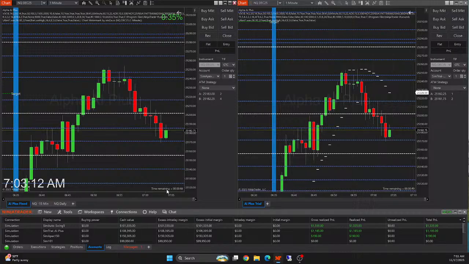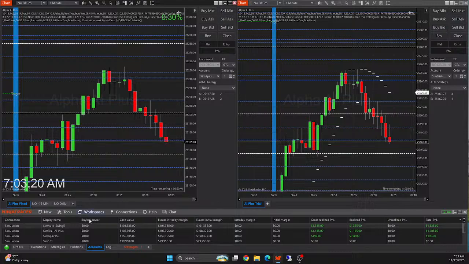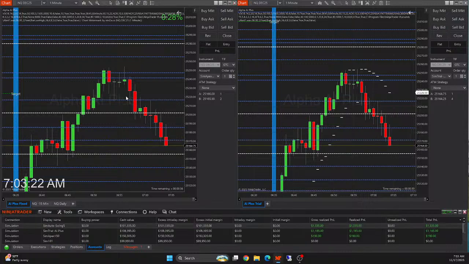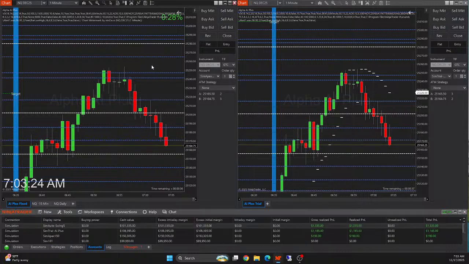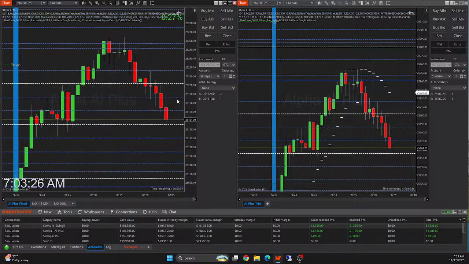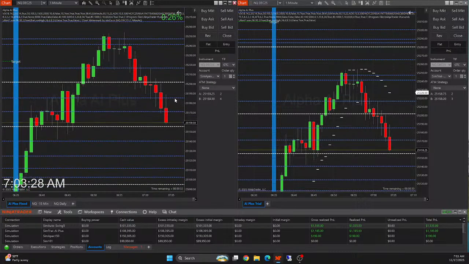There you go. Move up or down, whatever. Doesn't matter. Down or up. Any position opening? No. No positions.